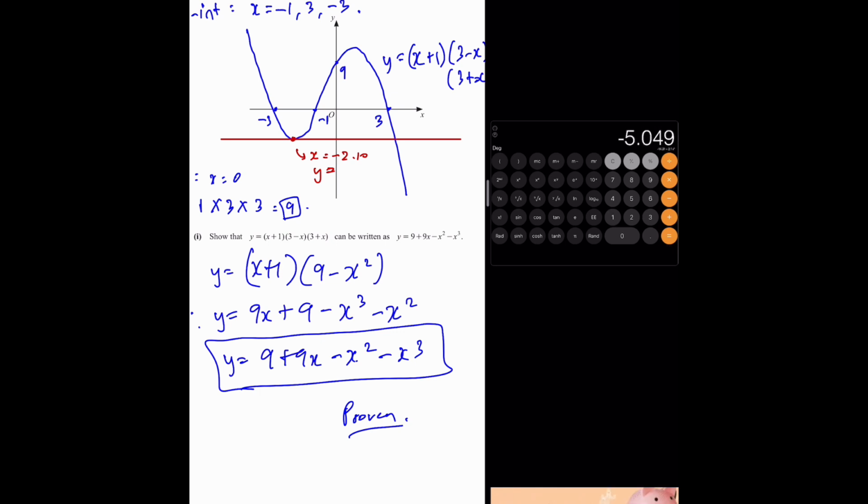Why are we making it plus? First of all, yes, it's minus 5.049, but then why are we making this minus over here as a plus? Because the cube of a negative number is a negative number itself. Another negative over here will cancel out with the negative inside this x cubed, or in other words, minus 2.10 cubed.